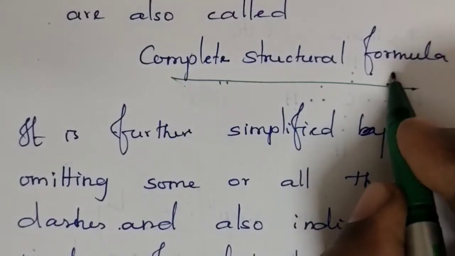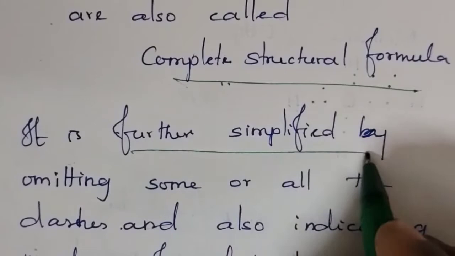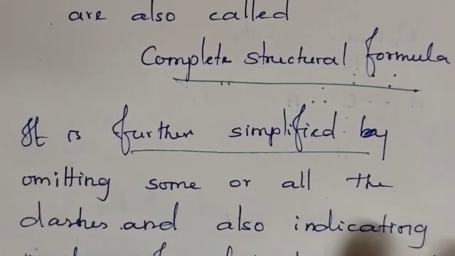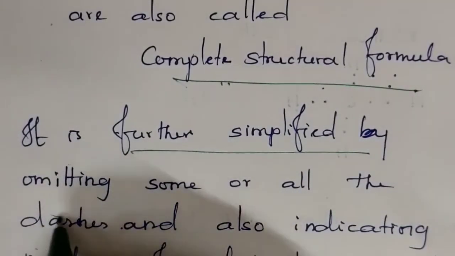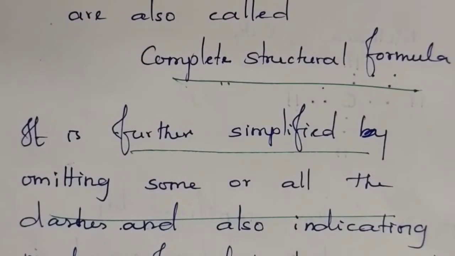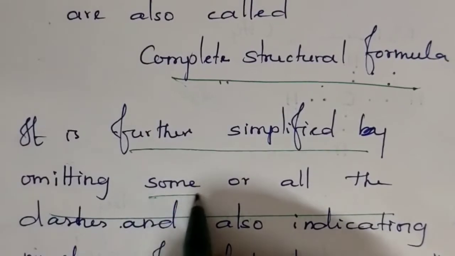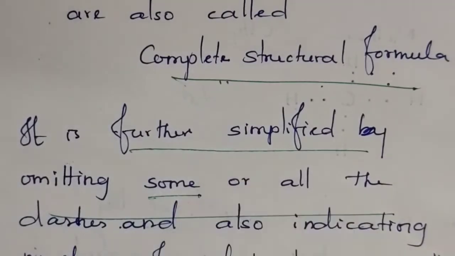The complete structure can be further simplified by omitting some or all of the bonds present in it. For simplifying the complete structure, we are either omitting all the bonds or some bonds.